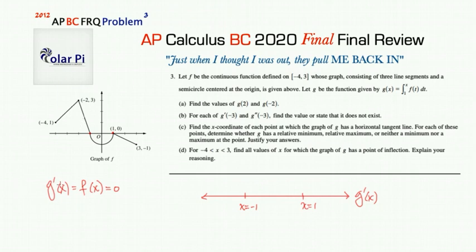That's the value of g prime is positive, is what we're saying in saying that. So we've got positive, and then immediately to the right of -1, clearly f is below the x-axis, so g prime is negative. And then to the right of +1, f is below the x-axis, so g prime is negative. So we see that we've got neither local max or min at x equals 1, but positive to negative for g, the slope of g going positive to negative, means we have a local max at x equals -1, right? Okay, cool.